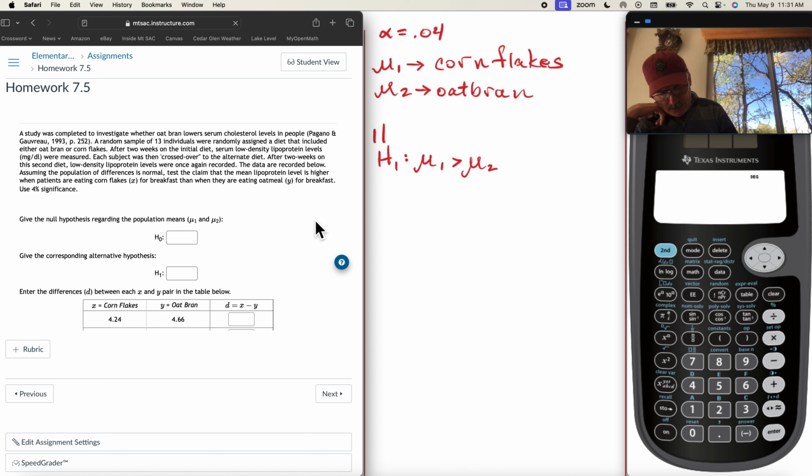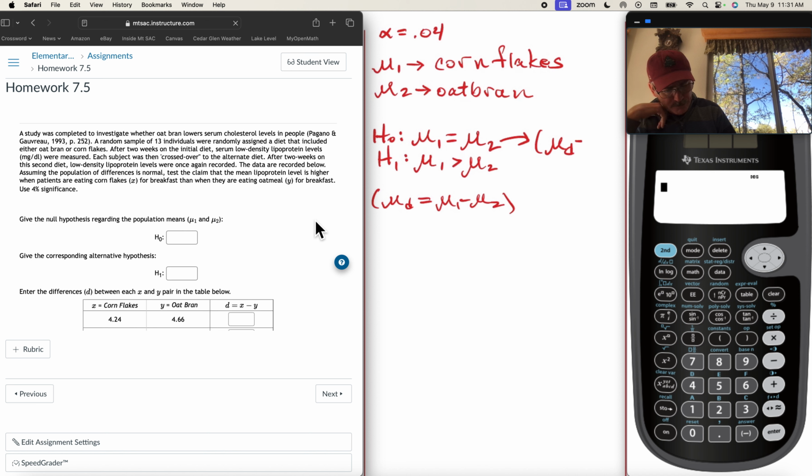The null hypothesis is that mu1 is equal to mu2. So there's no difference between the LDL levels on average. Just a quick reminder, mu d is mu1 minus mu2. And so if mu1 is equal to mu2 here, that tells us mu d is 0.